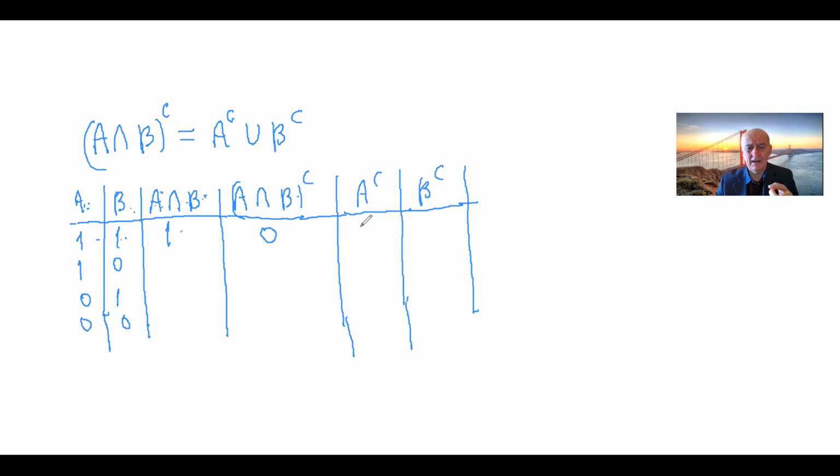Okay. Here I'm writing 0, 0, and I need one more column, A complement. So here, in both sets, we have 0, row here 0. Any questions about this first row?